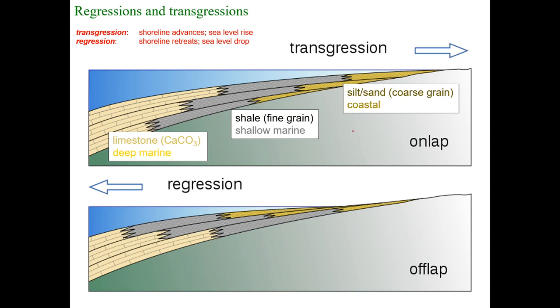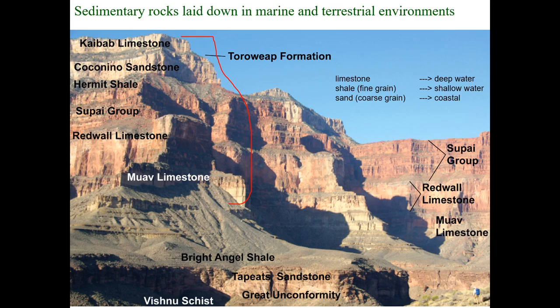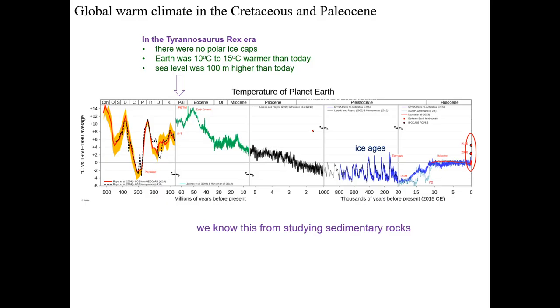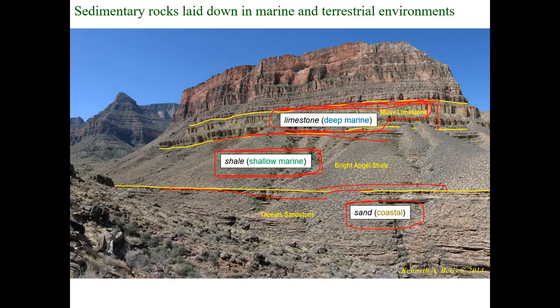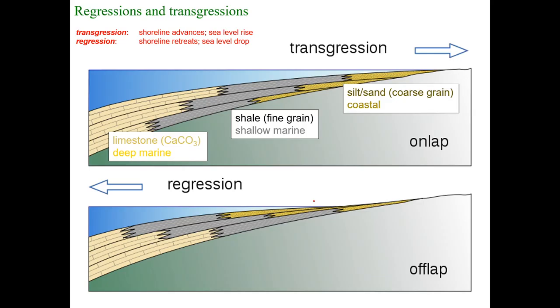Transgressions and regressions. What I was explaining here, the sea levels rising, is called a transgression. The sea levels are getting higher and higher, and as they rise, you get this progression of coastal to shallow marine to deep marine sediment deposits.